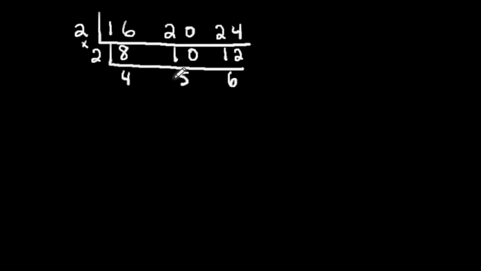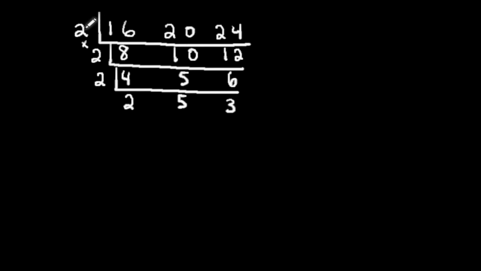Now we have 4, 5, and 6, so we need to continue because we need to find the least common multiple of 16, 20, and 24. So I'm going to place an L around these three numbers. I'm going to bring down the 5 because it is already prime. So we have 4 and 6, which are both even. So I'm going to divide by 2. 4 divided by 2 is 2. 6 divided by 2 is 3.